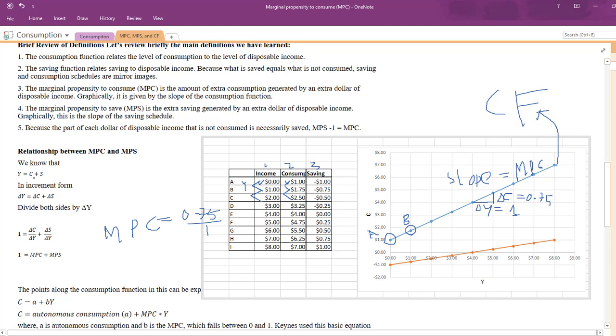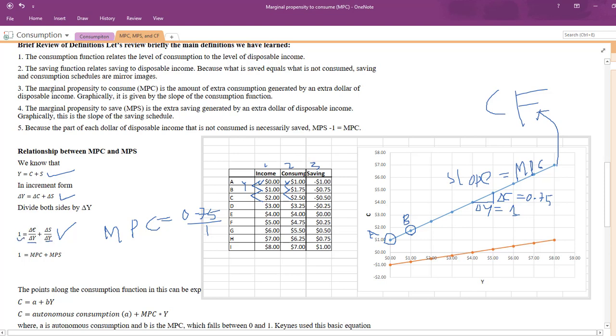Now let's look at a few relationships here. We know that income is equal to consumption plus saving. In increment form, we can write the equation like this. Now divide both sides of this equation by del Y. On the left side, del Y divided by del Y gives 1. On the right side, we get this term and this term.